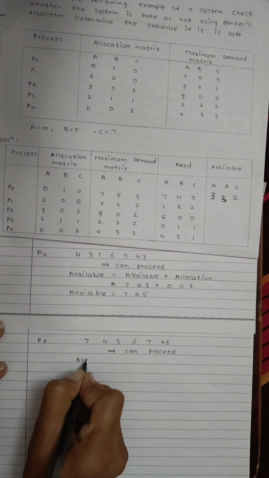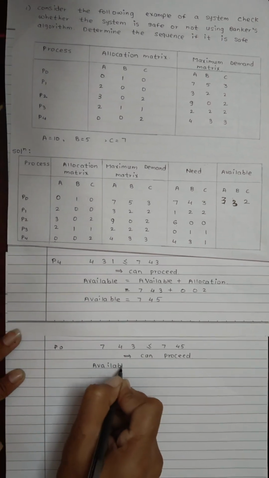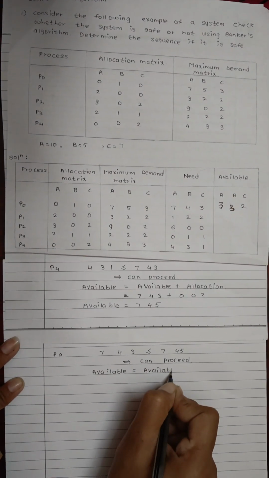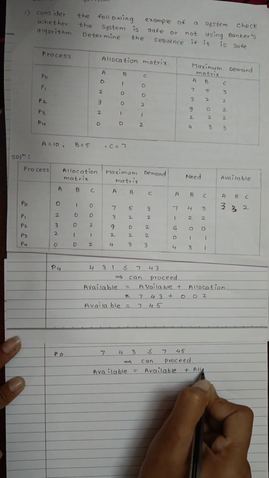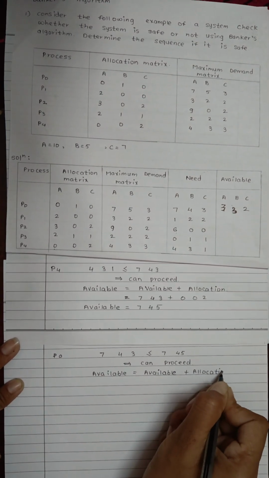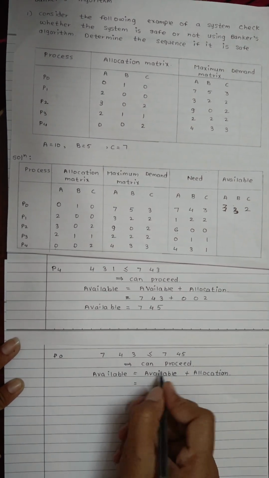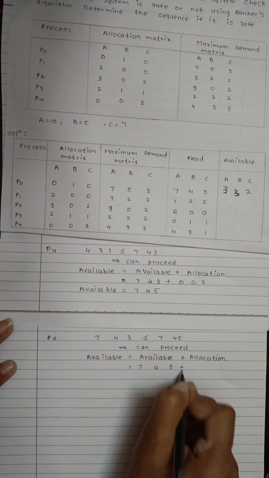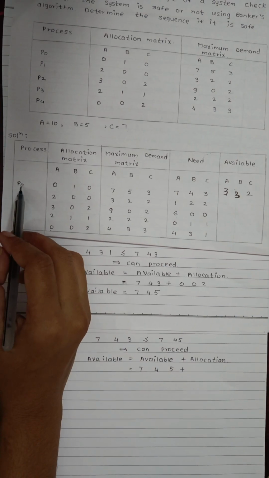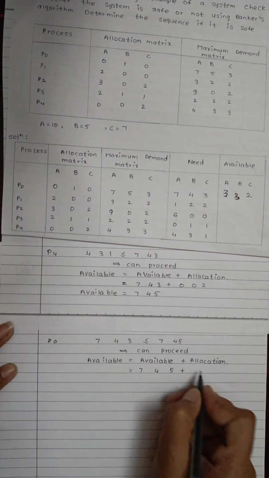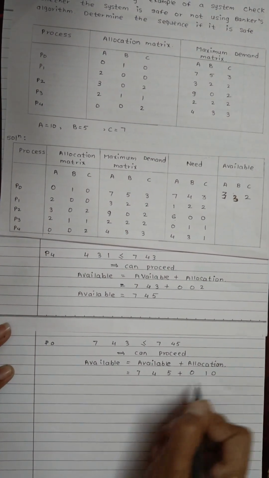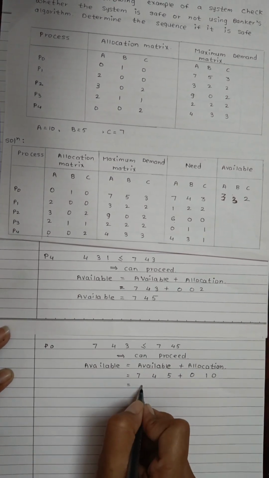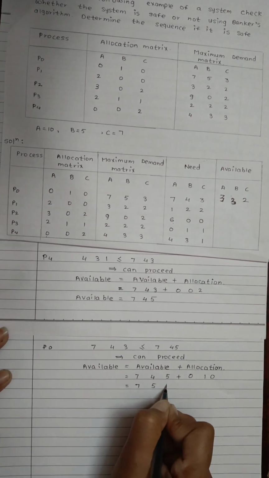Then available is equal to available plus allocation. Here available is 7 4 5 plus the allocation for P0, which is 0 1 0. Add 7 4 5 plus 0 1 0, that is 7 5 5.